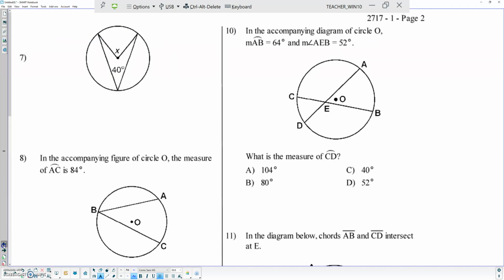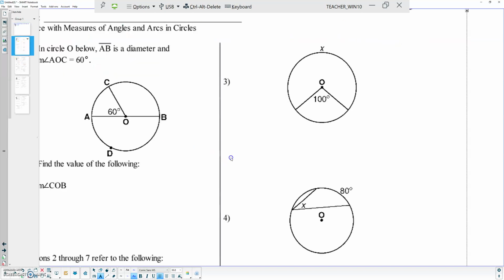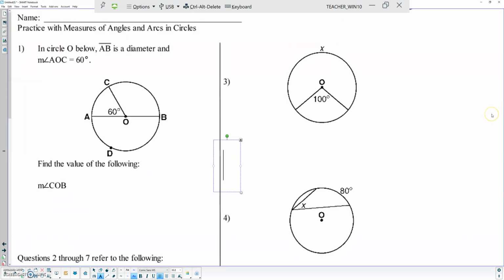Okay, the first one I wanted to take a look at was number 1. It says that in circle O below, AB is a diameter and the measure of angle AOC is 60 degrees. AOC is a central angle.